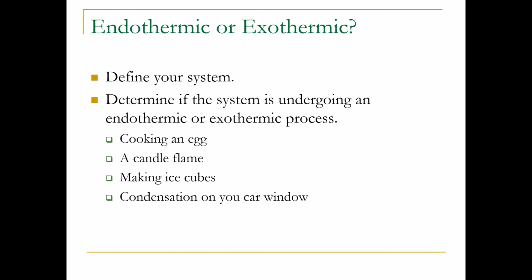So if we think about some common everyday occurrences, like cooking an egg, do I need heat to go into the egg or heat leaving the egg if I want to cook it? And of course, we have to put heat into the egg. If I'm going to cook an egg, I need heat. So I have to put heat in. This is an endothermic process.